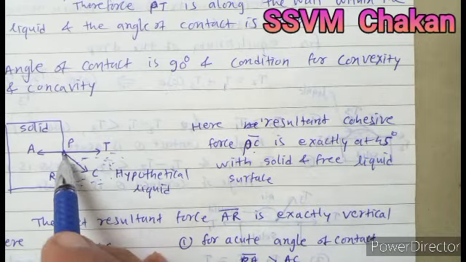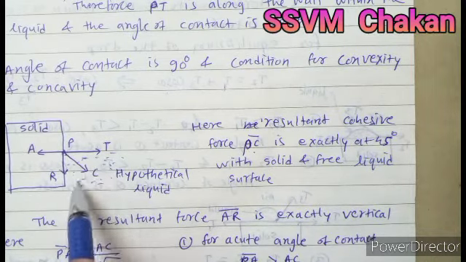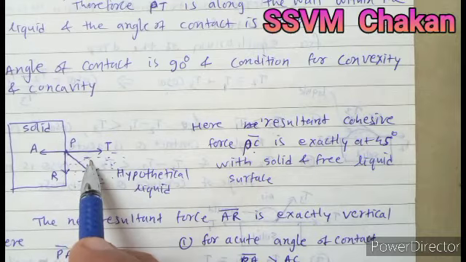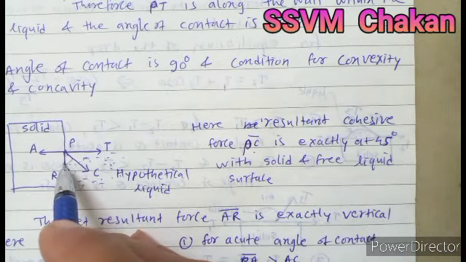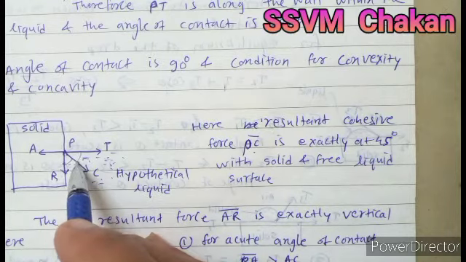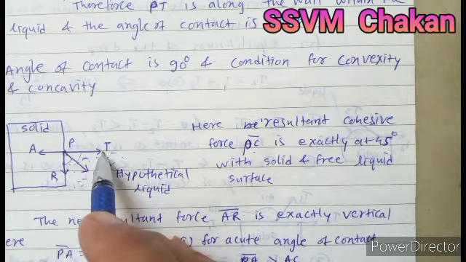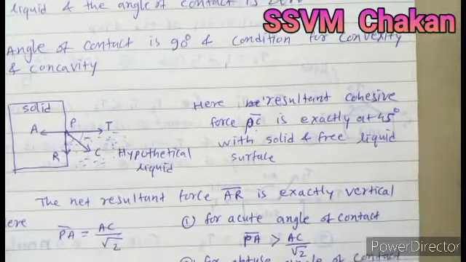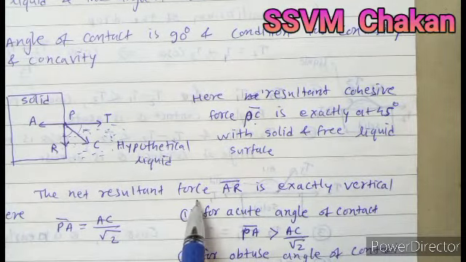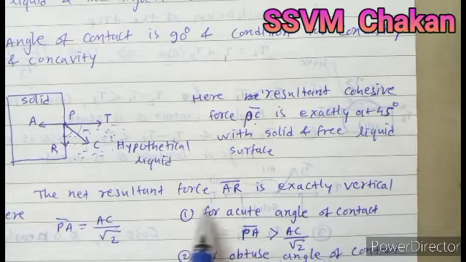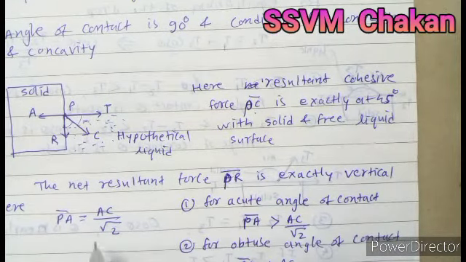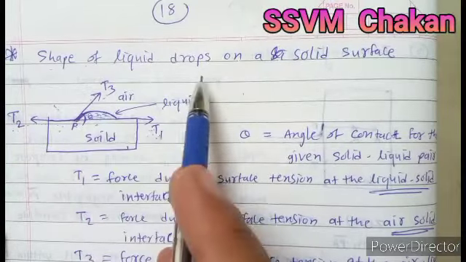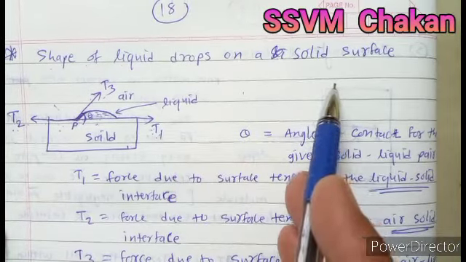This resultant PC bar, the cohesive force applied by the other liquid molecules, makes an angle of 45 degrees with the solid surface and 45 degrees with the free surface of the liquid. The net resultant PR bar is exactly vertical.